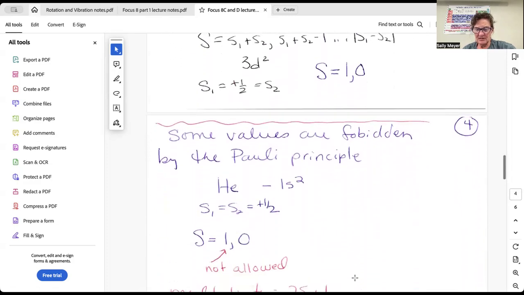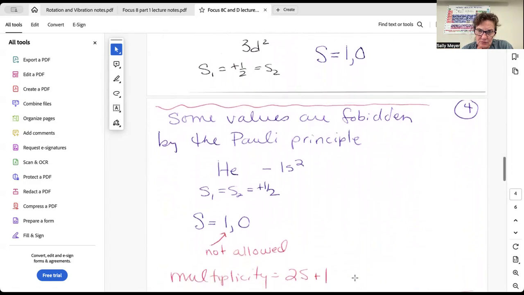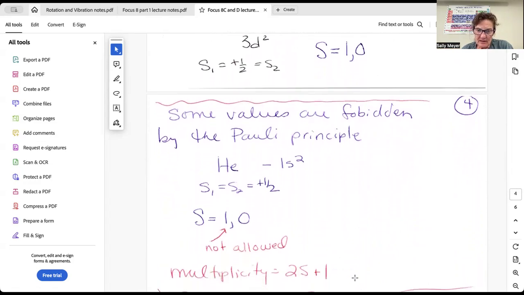And we know, just a brief aside, that some of those are forbidden. So if you have helium, not talking about our system, but this is just an example. If you have helium, you know that both of the electrons are in the same orbital, 1s2, and that would mean that they can't couple together.